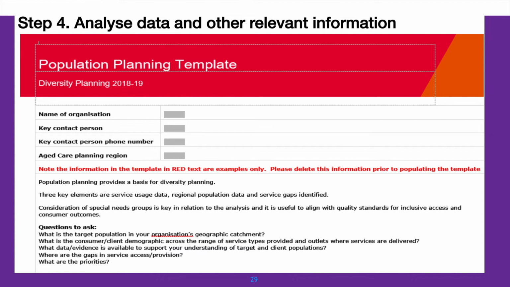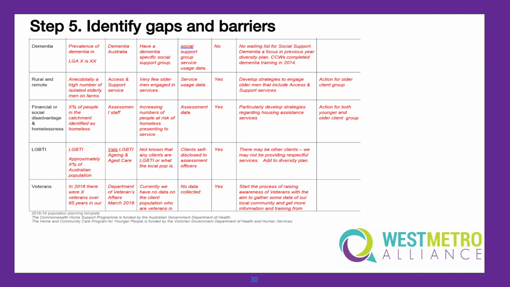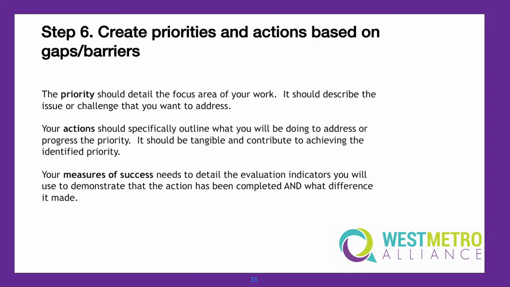So now this is an example of the population planning template completely filled out, and how they've identified the gaps and the barriers. When we are creating our priorities and actions based on these gaps, this slide outlines the three areas of action writing. We identify the priority, which is the focus area of the diversity characteristic that you want to work in, and it should describe the challenge or the issue that you want to address.